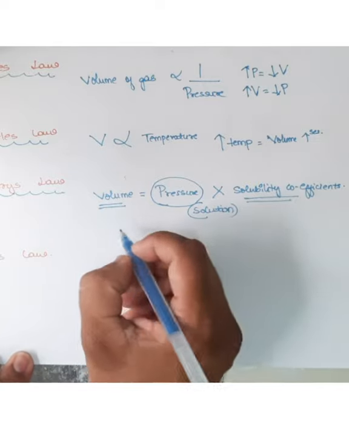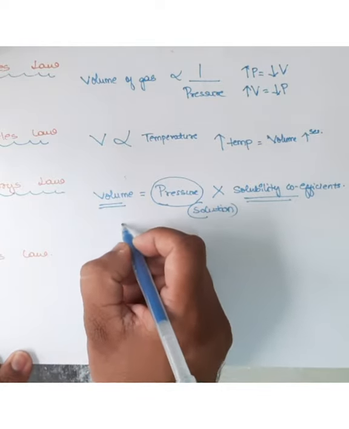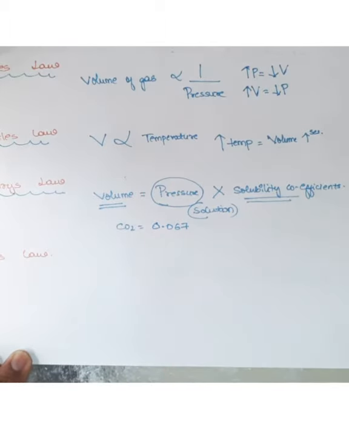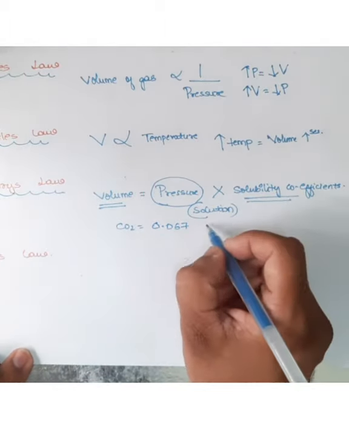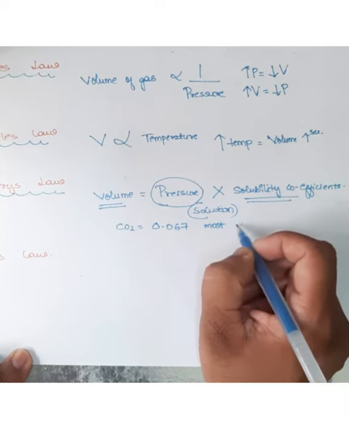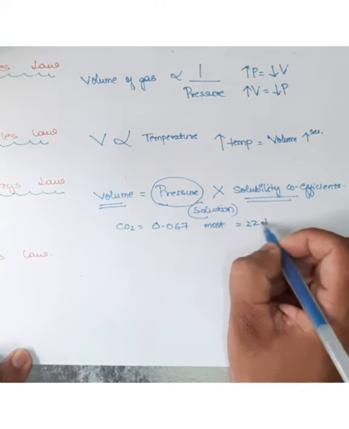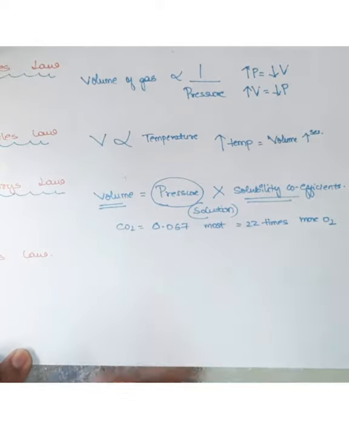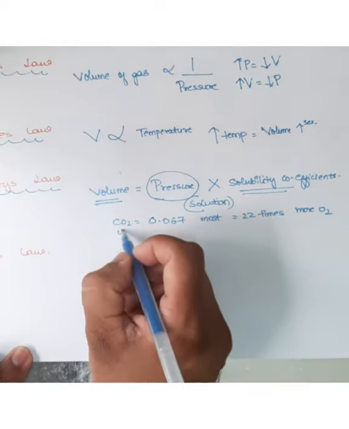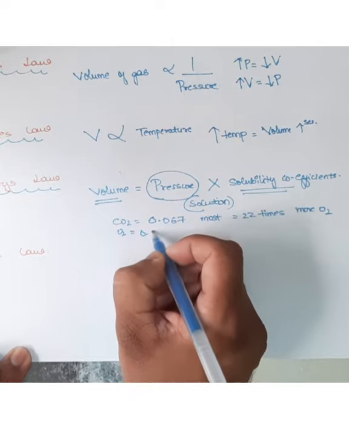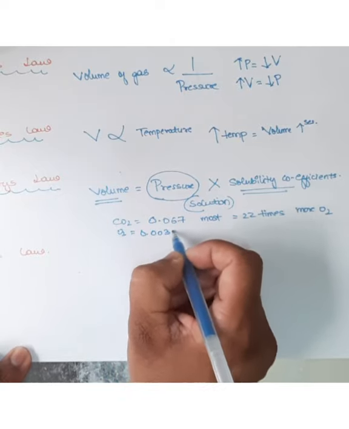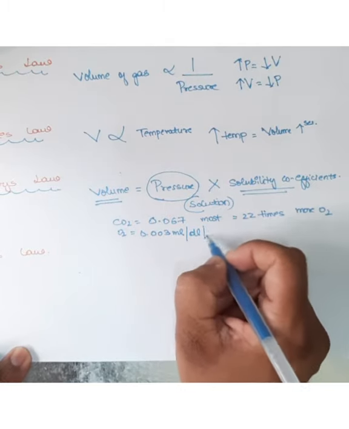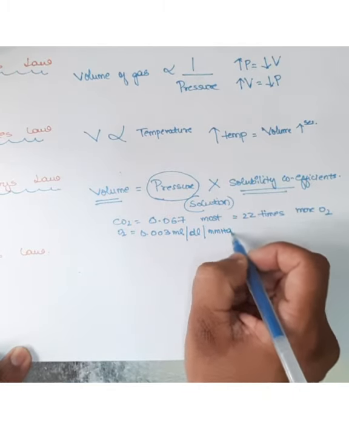So in a solution, in water, what is the solubility which will determine the volume of the gas? For example, the solubility of carbon dioxide is 0.067. That is, it is the most soluble gas, around 22 times more than oxygen. Whereas oxygen is least soluble, the solubility is 0.003 ml per deciliter of blood per mmHg.